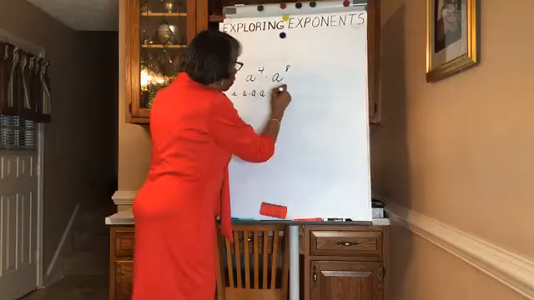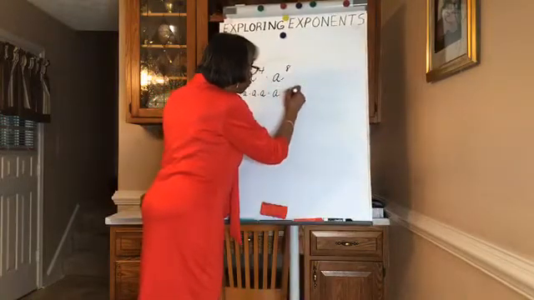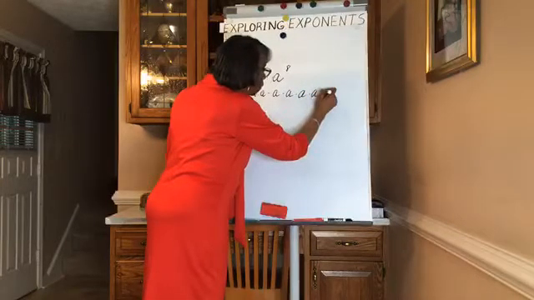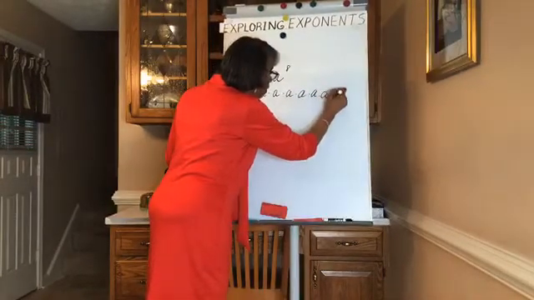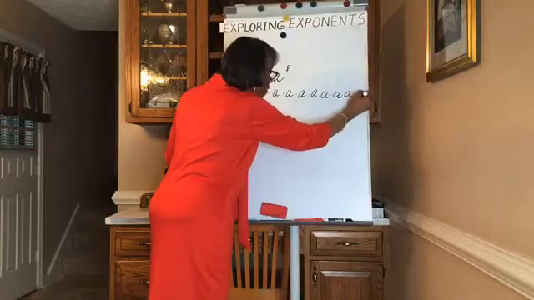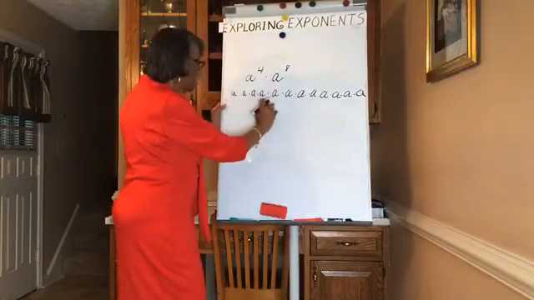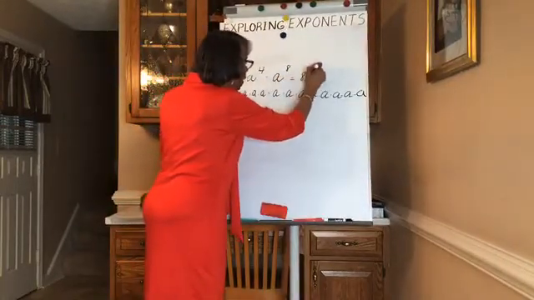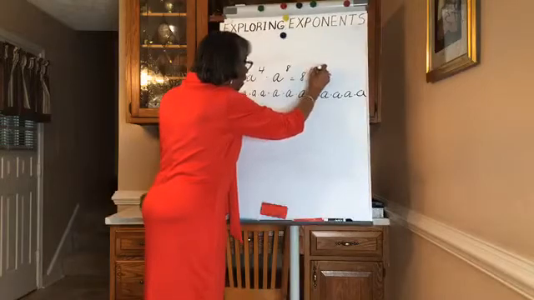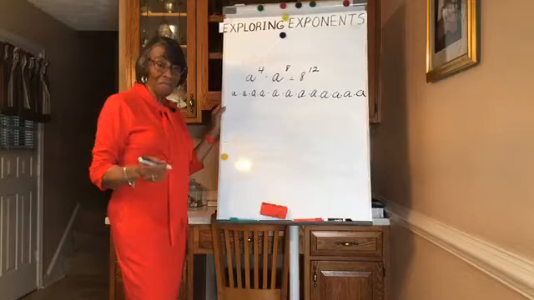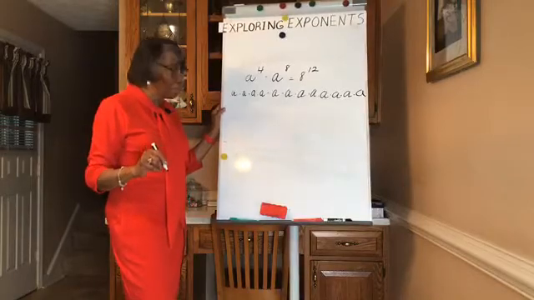And this is 8. 1, 2, 3, 4, 5, 6, 7, 8. So we count them and we get a to the what? a to the 12th power. How many of you were able to write that because you already see what's happening with these exponents?